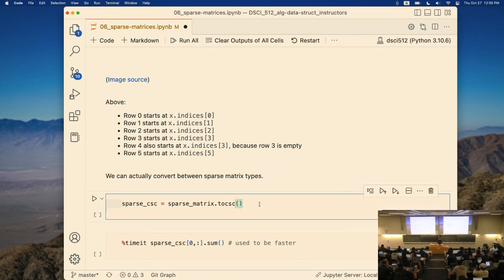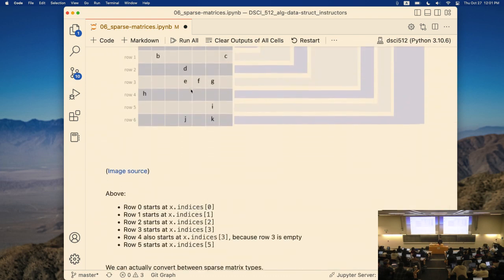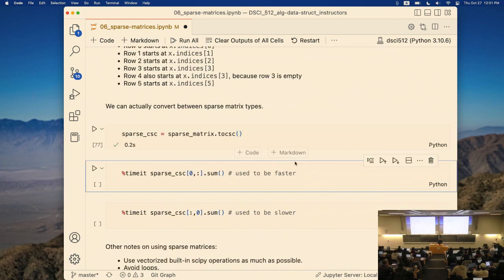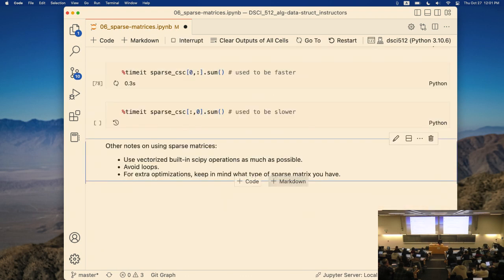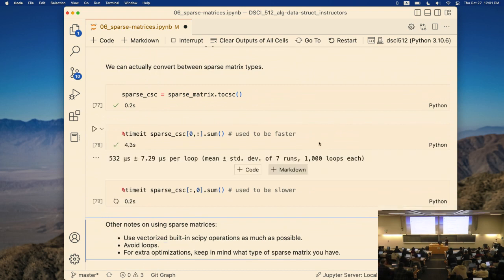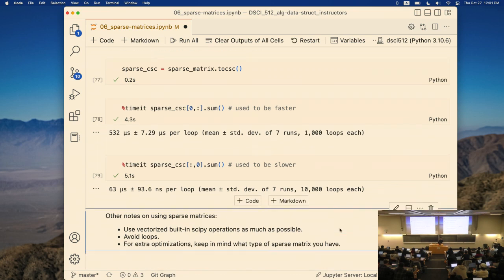And if we have a compressed row format, converting that to a compressed sparse column format is easy. So 2CSC does that. Now if we run the timing experiment again, we would expect that the row operations should take much longer than column operations because we have changed the way that the data is represented, and that's actually the case.